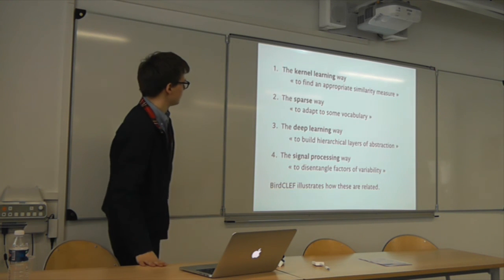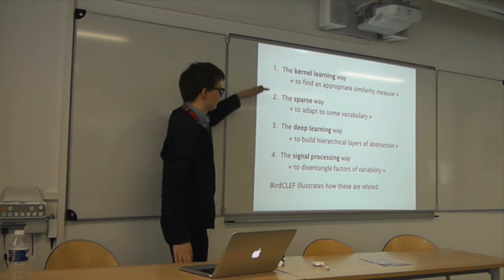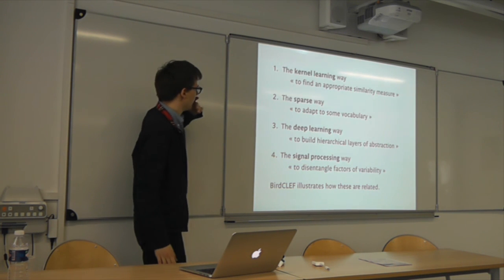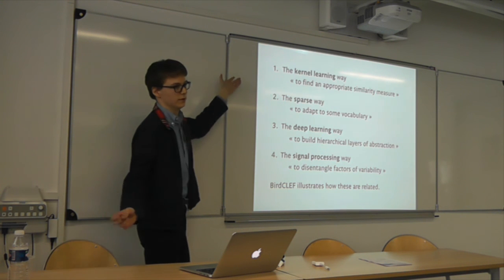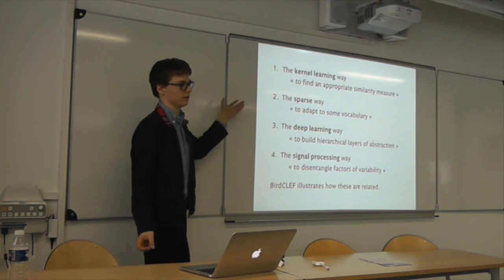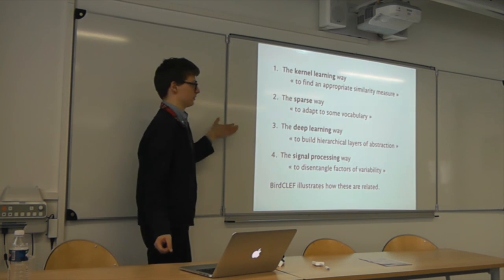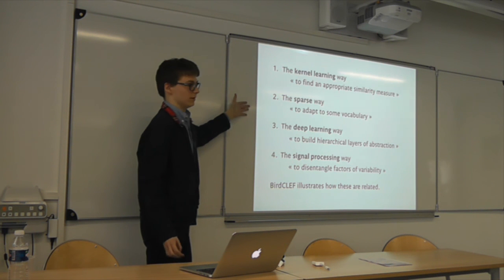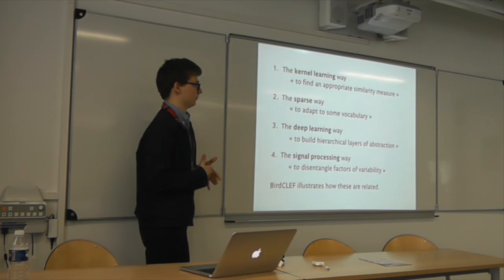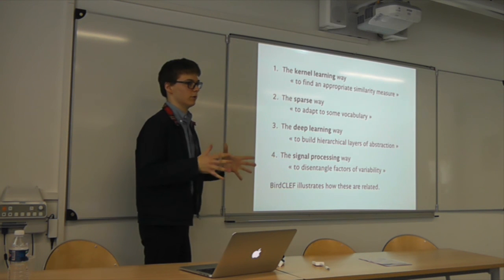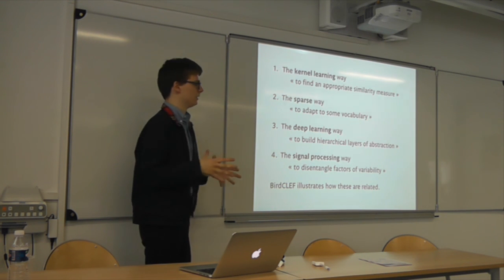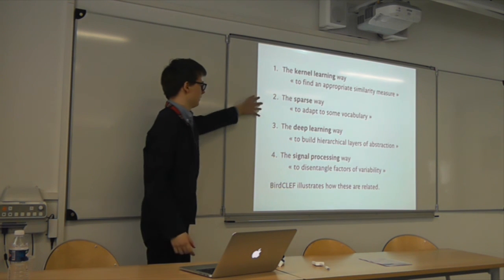So to recap this small prelude, we have these, say, 4 paradigms. The kernel learning way is all about discriminating classes, so finding a good discriminating, similarity measure. Then we have the sparse paradigm that would say, oh, it's all about vocabularies, it's all about finding a good dictionary, but then on top of what?